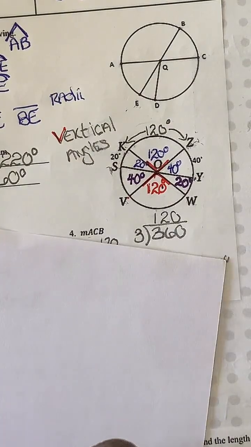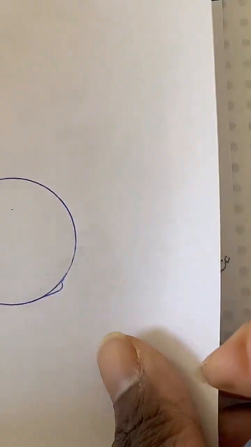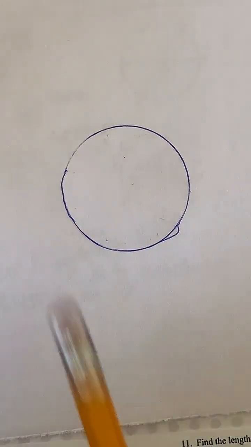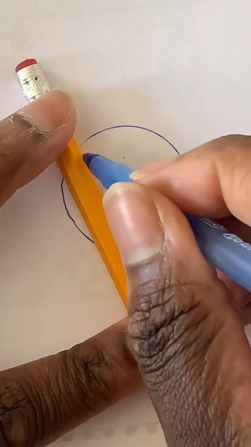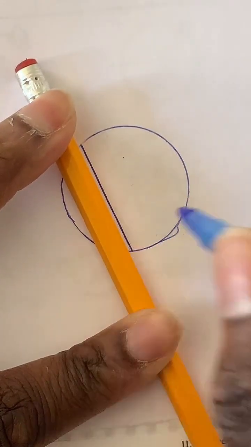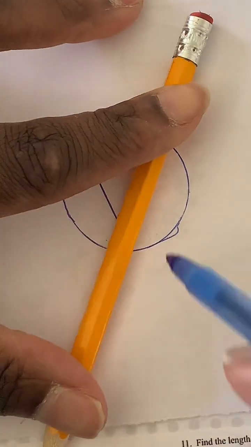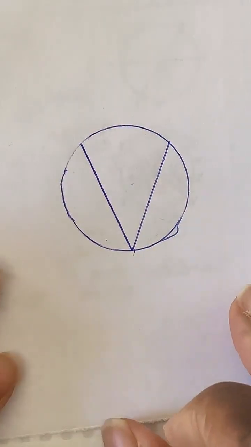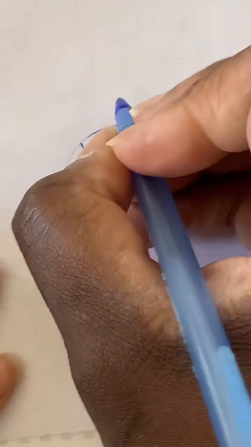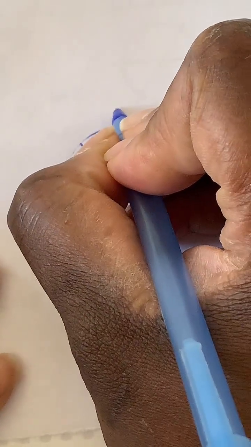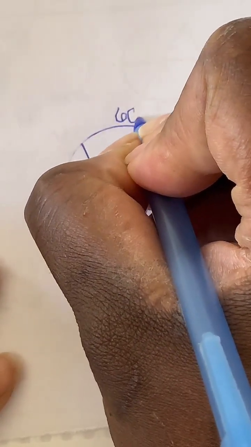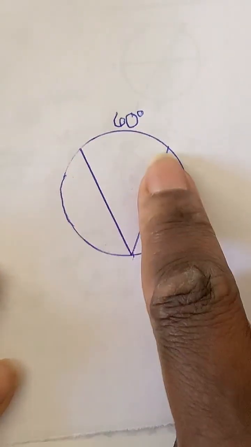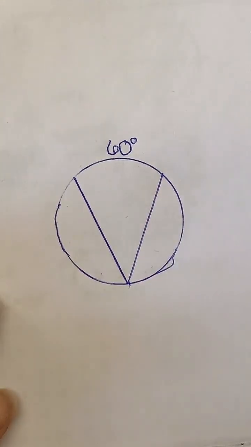That's my circle. So if I had a circle and I want to get the angles from here to here and from here to here, say that this is 60 degrees. They're saying that the arc measure is 60 degrees.